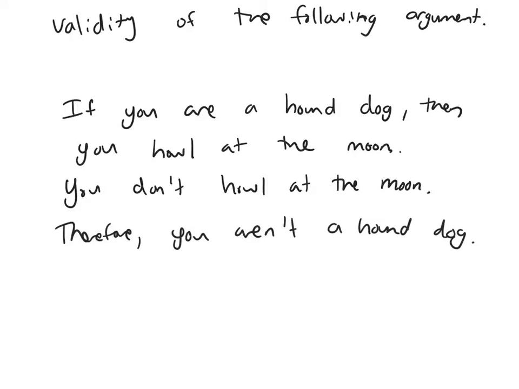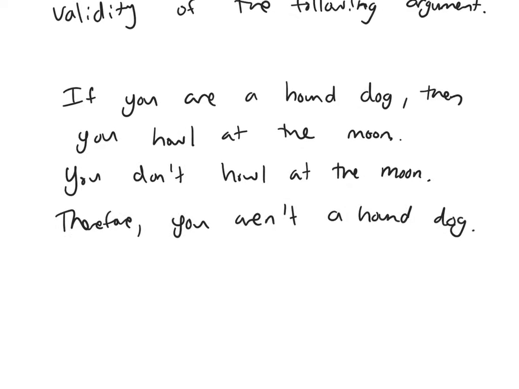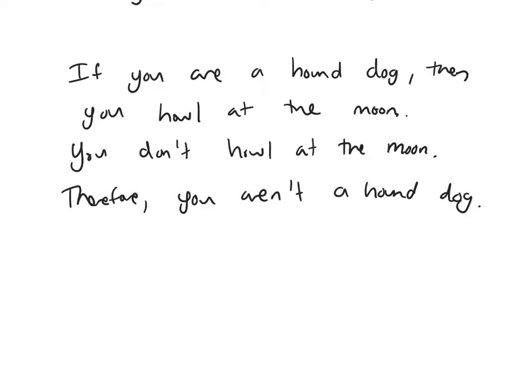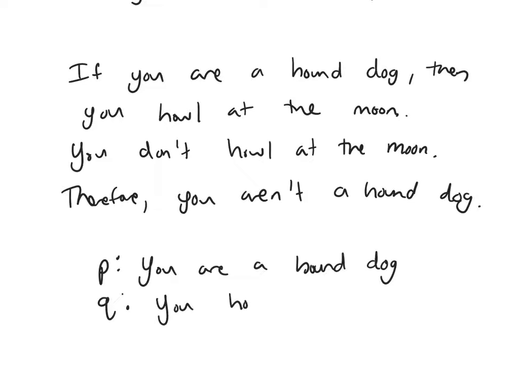So we need to use statement variables here. If I look at this argument, I really have two statements going on. The first one being, you are a hound dog, so I'm going to use P for you are a hound dog. And I'm going to use Q for you howl at the moon.